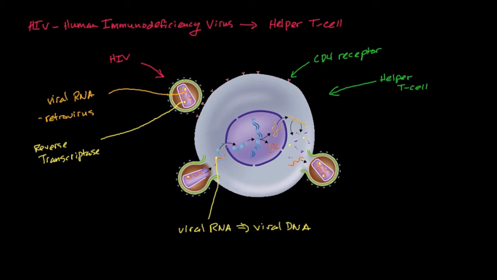And then that viral DNA will migrate itself into the nucleus of a helper T cell. So here you have viral DNA. And that viral DNA will fuse itself into the host cell's DNA, right?